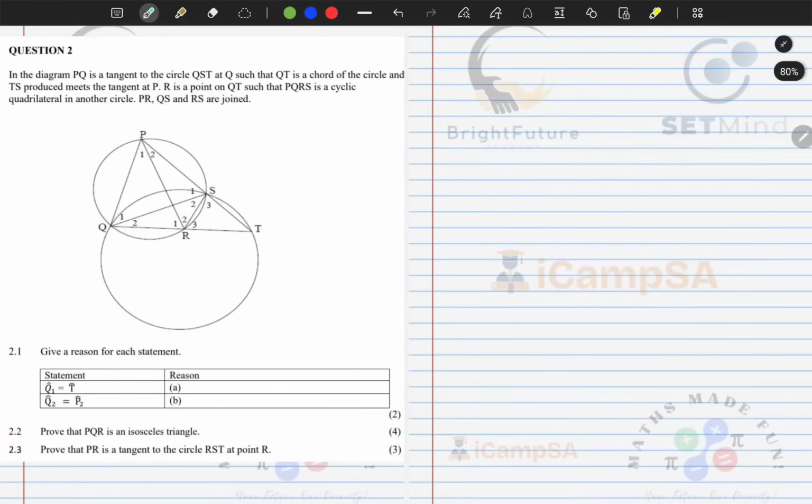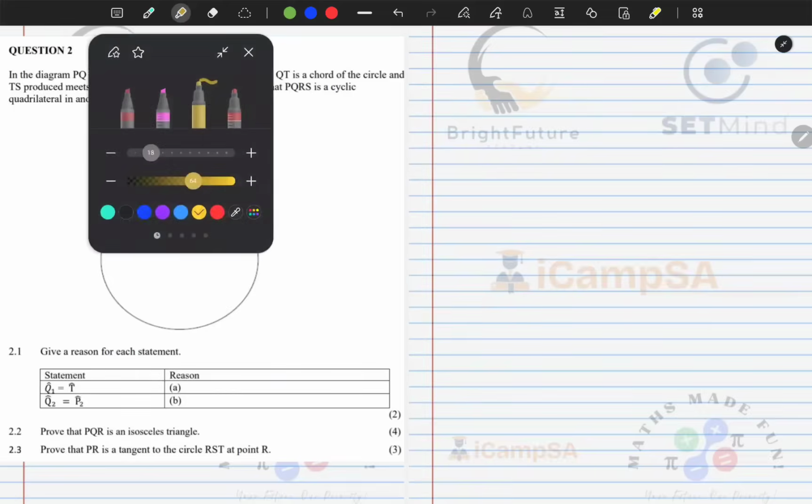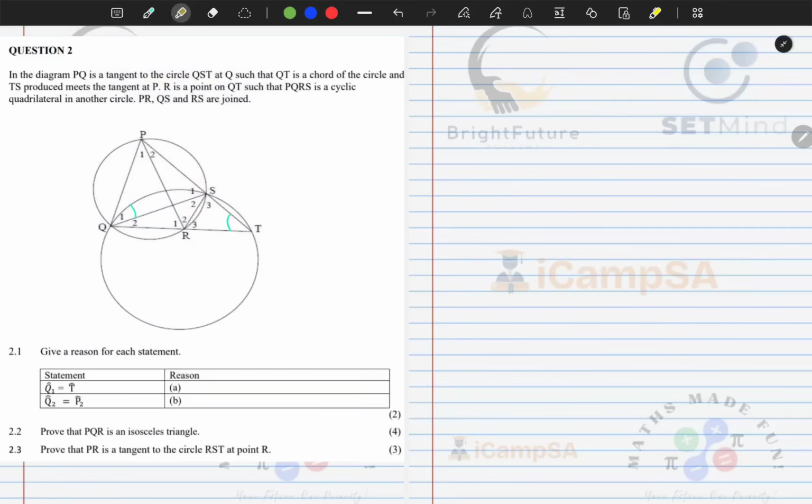So we are told that Q1 equals angle T. Now, if you observe carefully, this should be a bit easy, because Q1 is the entire angle.